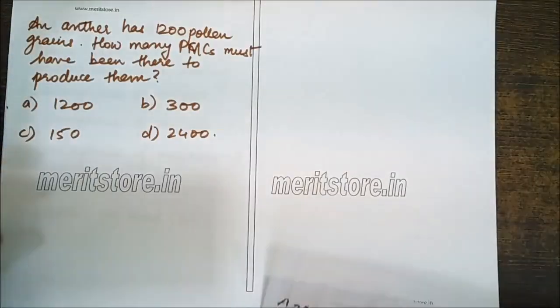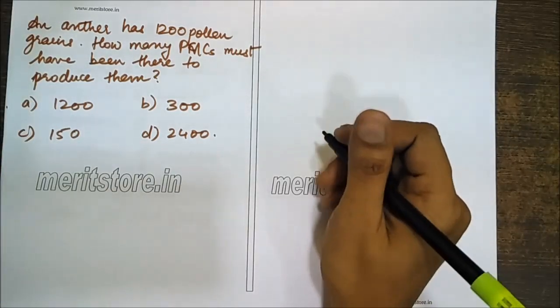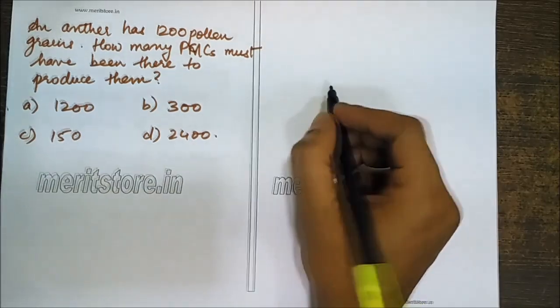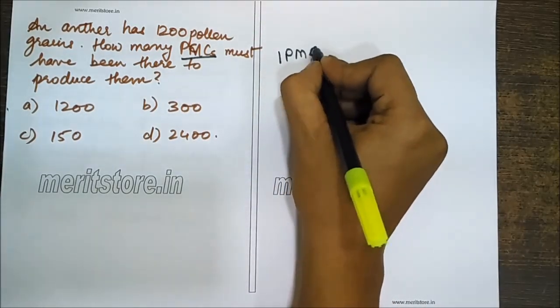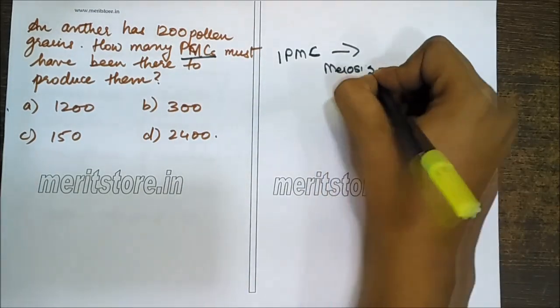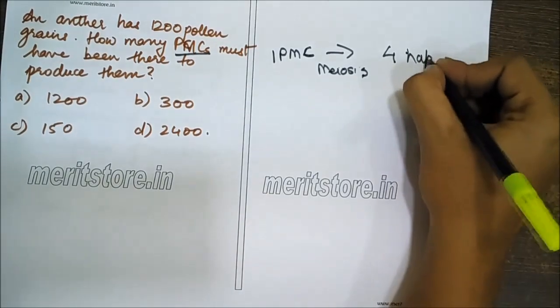An anther has 1200 pollen grains. How many PMCs must have been there to produce them? Okay, now remember, meiosis of one pollen mother cell. Okay, so one pollen mother cell undergoes meiosis to form 4 haploid cells, right?